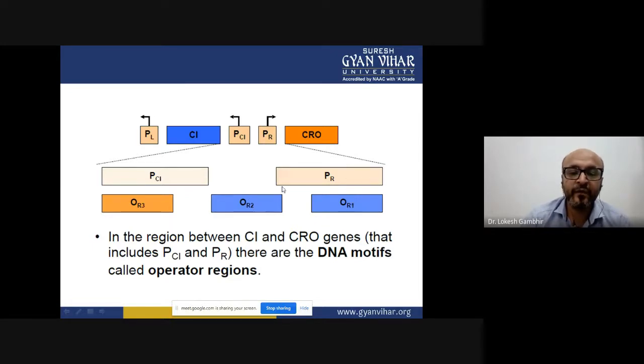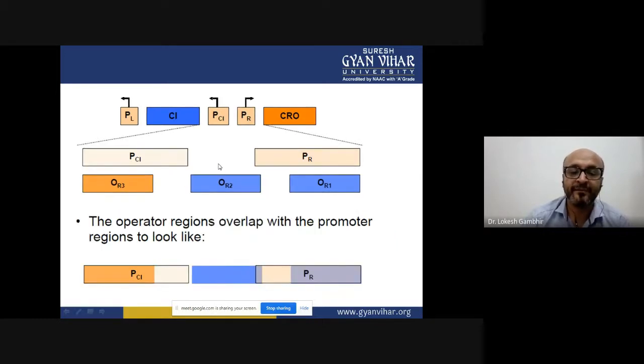OR2 is again overlapping with a small portion of PR, whereas OR3, operator 3, is completely overlapping with promoter C1. Because of the overlapping regions, this is the arrangement that you finally see when you merge these two, from C1 to CRO.